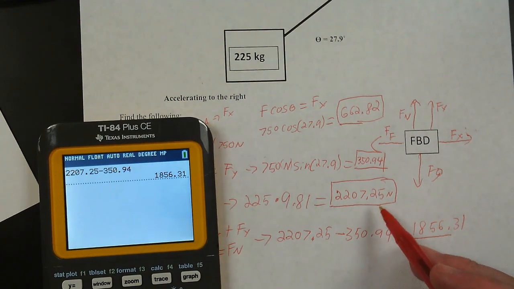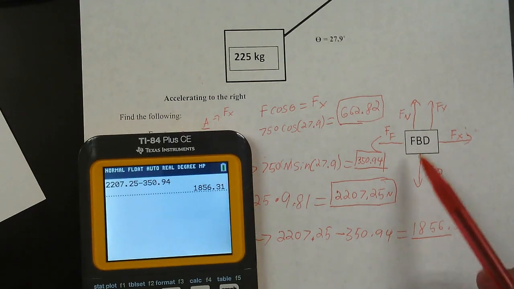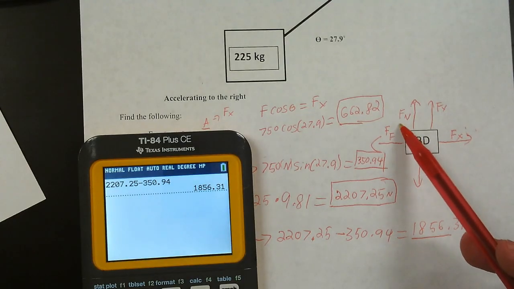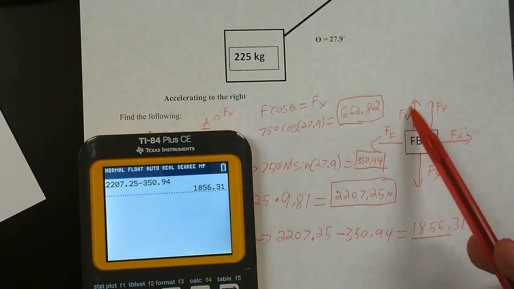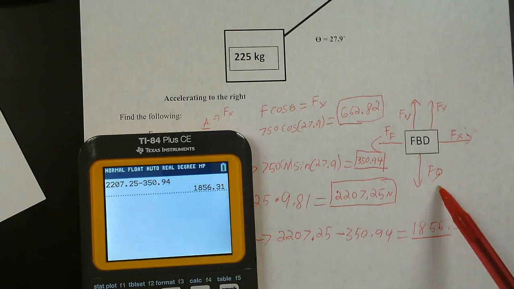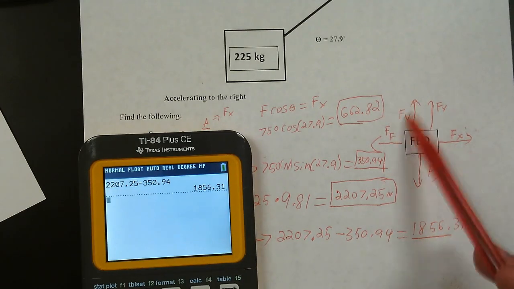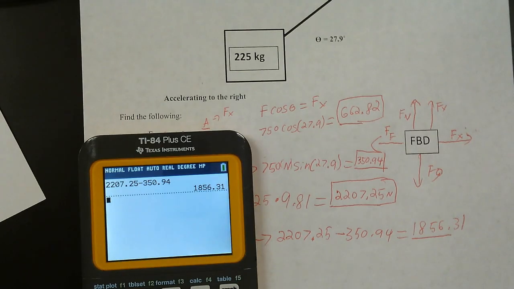Why? Because the Fn isn't the only thing going up. Fn isn't having the sole responsibility of keeping Fg in check. Fy is contributing to that. They are working together to balance out Fg. That means Fn doesn't need to be as large because Fy is helping it.